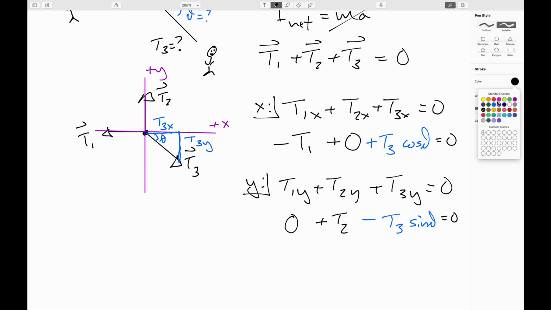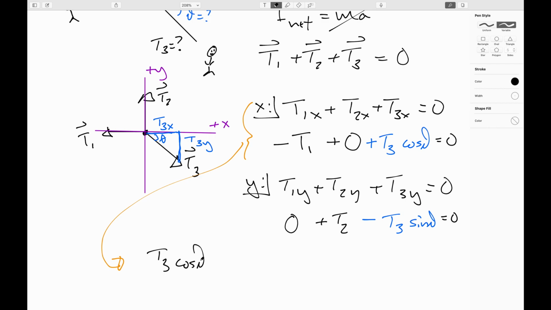So let's do that here. We'll start with what I have from the land of X. I can rearrange. I'll have T3 cosine theta equals T1. So that'll give me that T3 is equal to T1 over the cosine of theta.